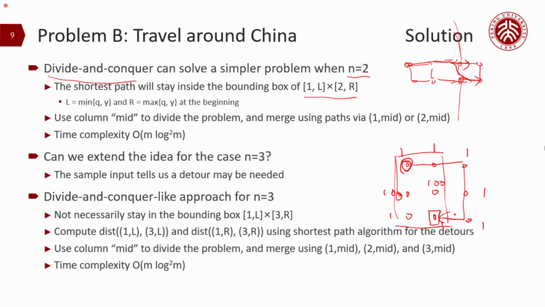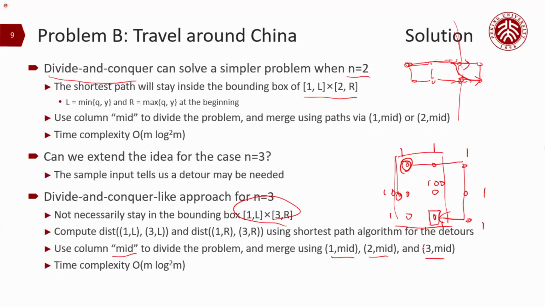So the sample input tells us that a detour may be needed, but we still want to use a divide and conquer like approach for this case. In this case, the shortest path does not necessarily stay in this bounding box, but we can still use the same idea. So we can still divide the problem and merge 3 cases.